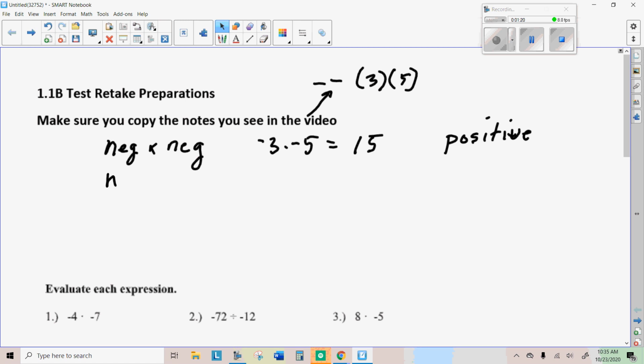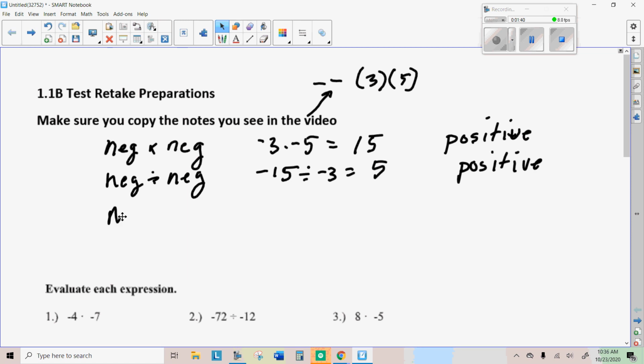Also, a negative divided by a negative, for the same reasons, is a positive. So like -15 divided by -3 is equal to +5. Okay, now if we have one negative and one positive, and the order doesn't matter, so let's say we do a negative times a positive.